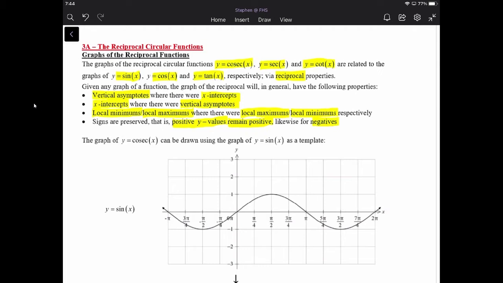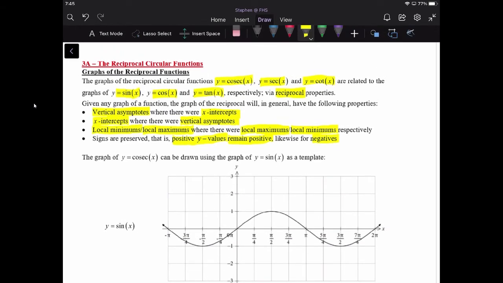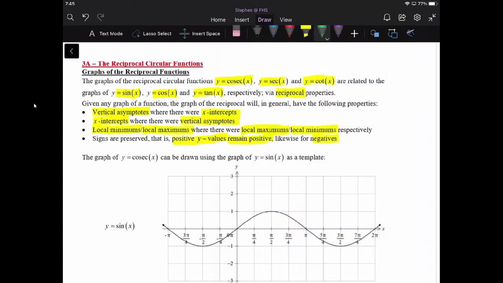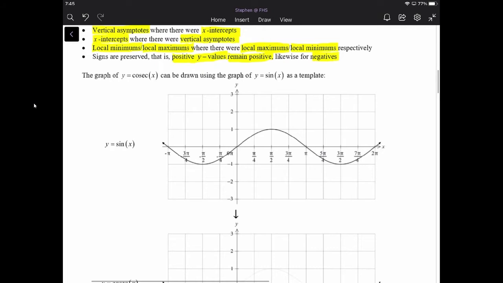Excellent. So keeping this in mind, we're now going to draw the graph of Cosec using the graph of sine as a template. You can see the graph of y equals sine x over here. I've drawn it over a domain of negative pi to 2 pi.